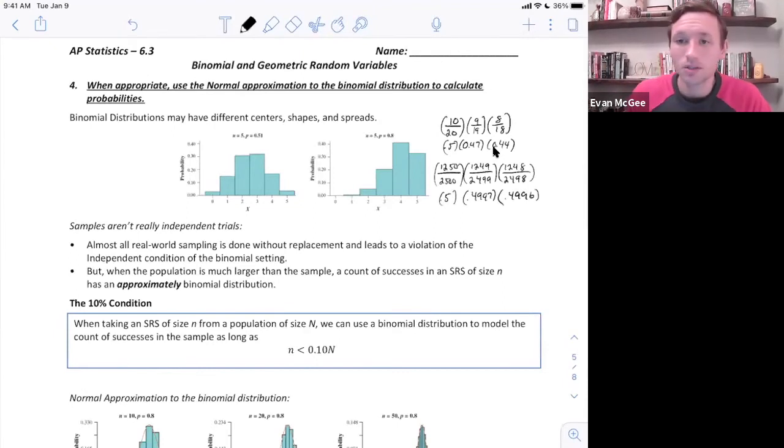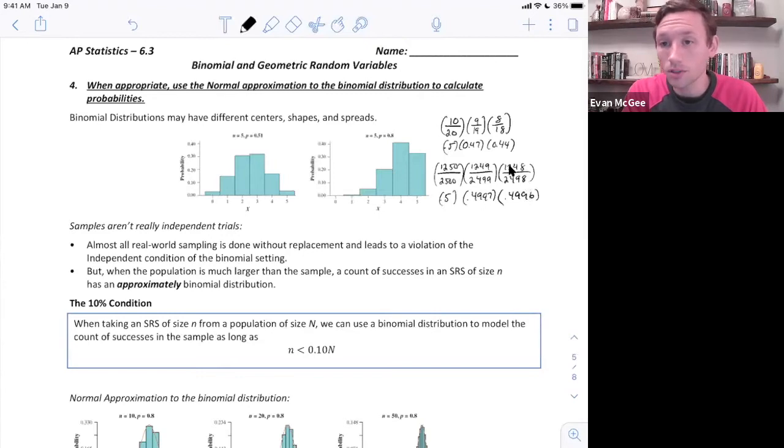If I expand this to the entire school of 2,500 people, then the probability that the first person, assuming it's still a 50% chance, would be 1,250 out of the 2,500, and that's a 50% chance. But after I've selected that person, I don't replace them. Now there's only 1,249 left who listen to Taylor Swift regularly, and there are only 2,499 people left in the population. So now the probability is decreased, but it's a lot less of a decrease than before.